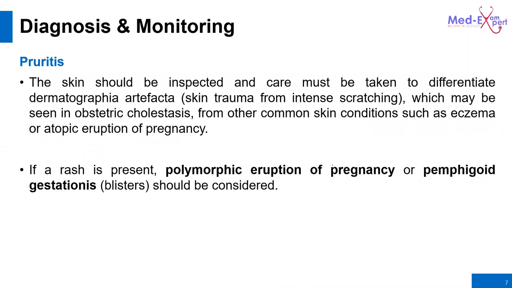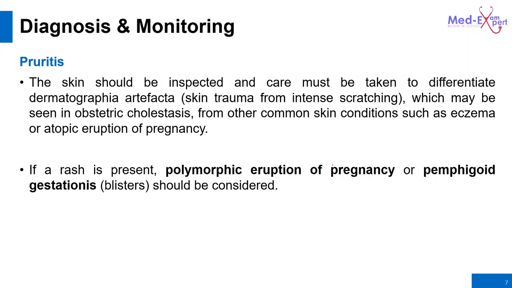Also, when we deal with the pruritus of obstetric cholestasis, you should inspect the skin very well to exclude any rash and also to differentiate between skin trauma from intense scratching and other common skin conditions such as eczema or atopic eruption of pregnancy.